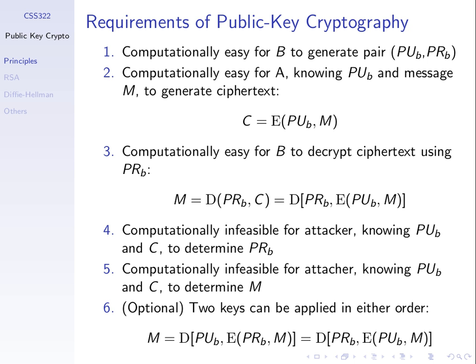That's what this says, that we can use them in any order. Some algorithms meet that requirement, others don't. We saw when we looked at confidentiality and authentication, that's basically what they do. They swap the order in which the keys are used.